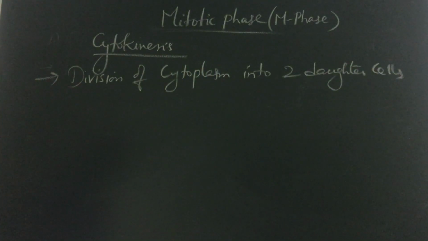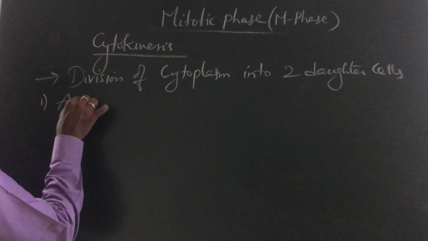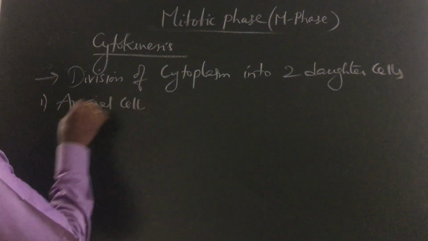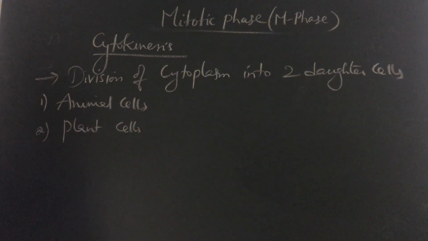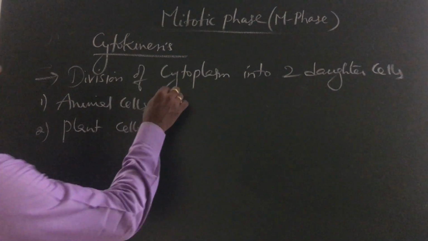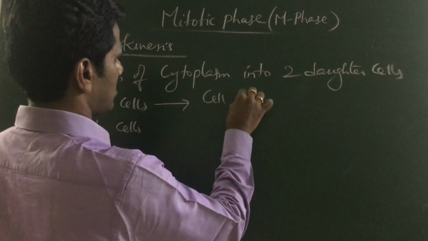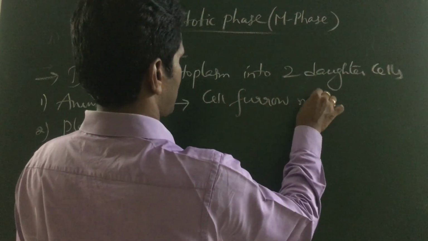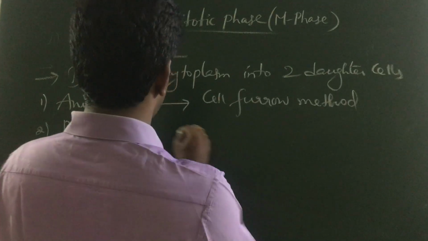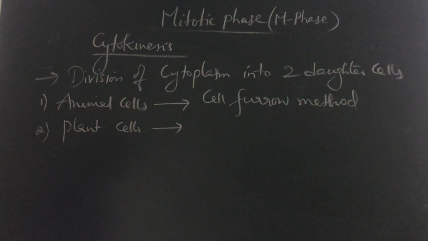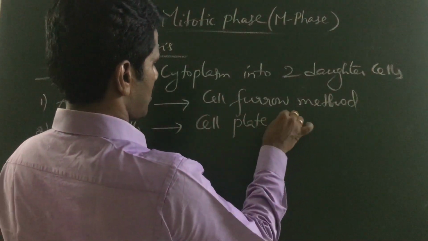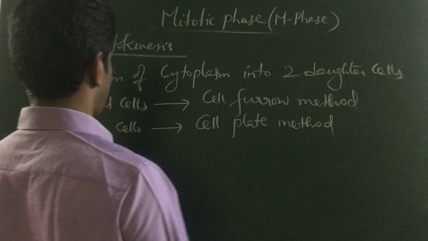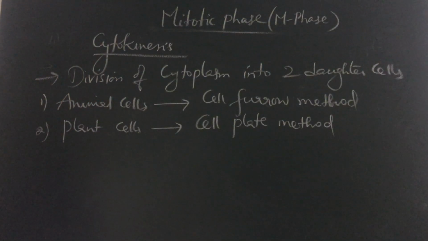So animal cells and plant cells differ in this. In animal cells, it is called the cell-furrow method. In plant cells, it is called the cell plate method.